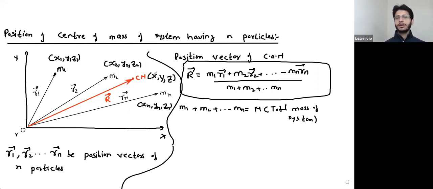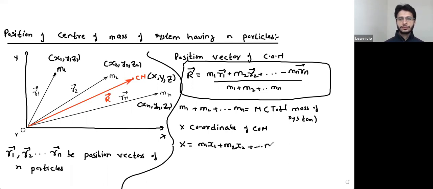I'm representing the coordinates of center of mass by capital X, capital Y, capital Z. So if you want to calculate the x coordinate of center of mass, it's m1 x1 plus m2 x2 up to mn xn divided by m1 plus m2 up to mn. This is the x coordinate of center of mass.